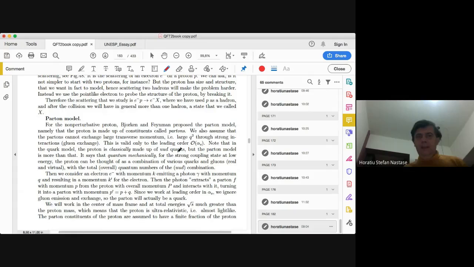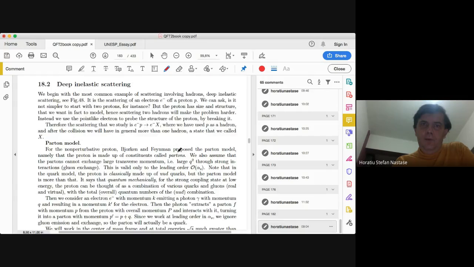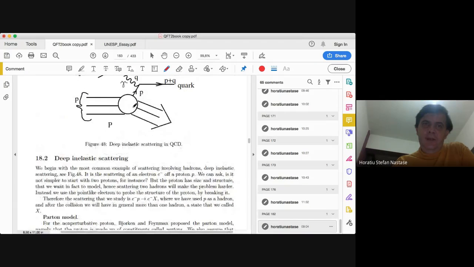Okay. Now, how do we describe this proton? I said that there's up, down, a combination of quarks. But when I said that, I really meant that that is what happens at high energies. In high energy experiments, we see that the structure is composed of up and down quarks.